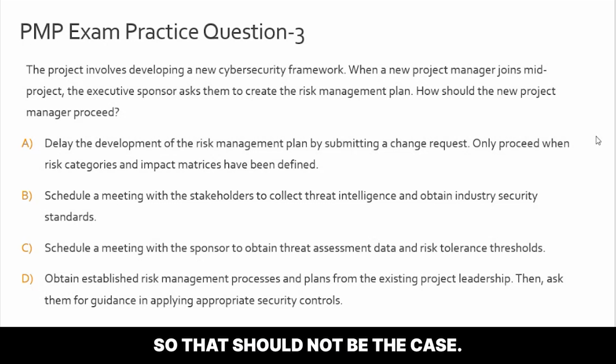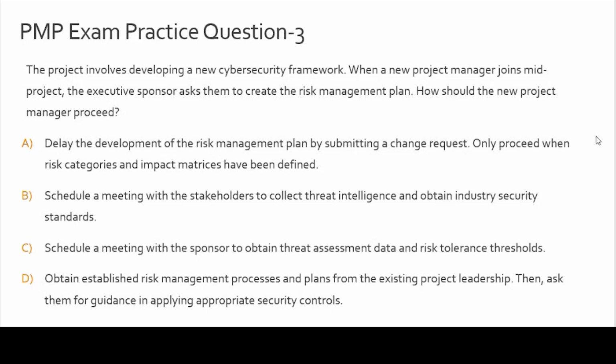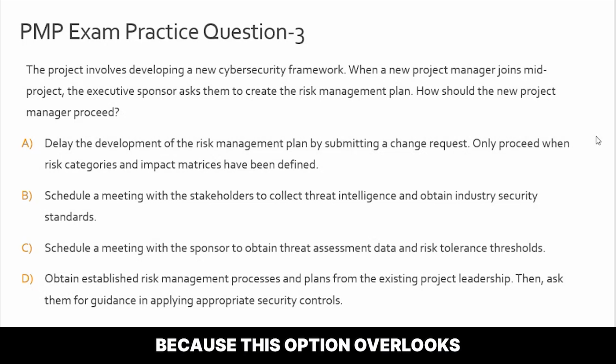So that should not be the case. You should look within your house first to establish order and harmony before you move out. So that rationale remains the same while evaluating option B as well. Okay, because this option overlooks the wealth of knowledge and experience which is already present within the project team or the organization, right? So that is the reason option B is also incorrect.